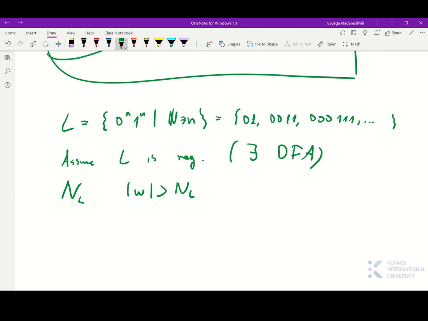I just assume that this is a DFA that accepts it, and I'm saying that there exists a number. Then if I take a word bigger than this number, my first question is, does there exist a word in this language, so w is in L, that's bigger than any given number?